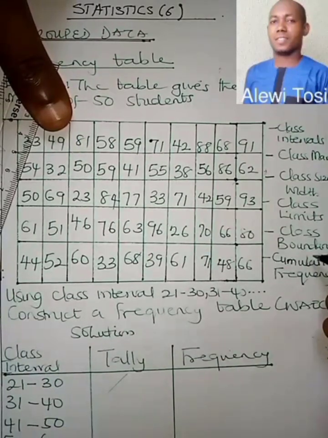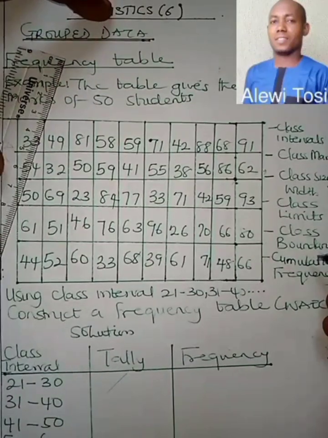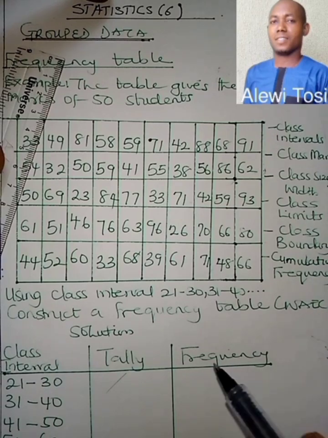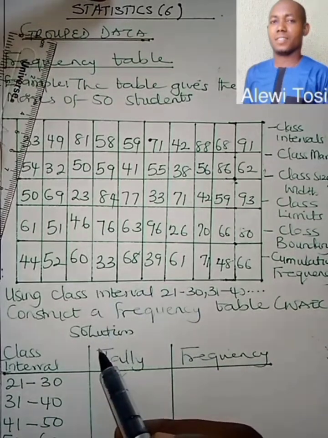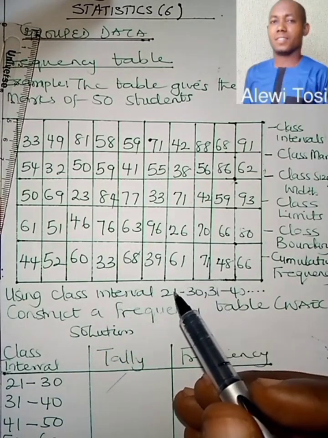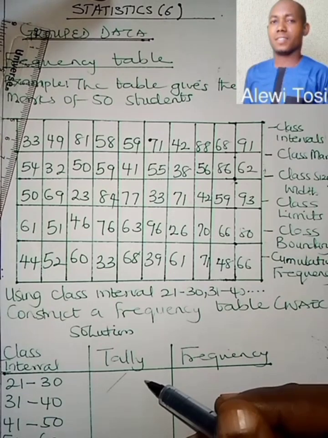So please, let's take it very, very serious as we try to see the meaning of each of these one after the other. So firstly, when we have this kind of data that is ungrouped, to make it grouped, we need to use our tally.